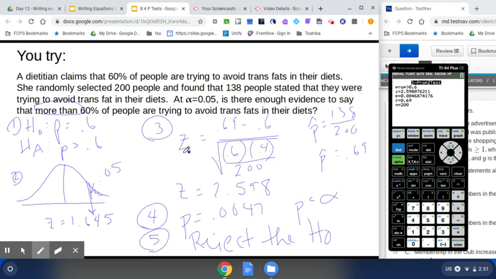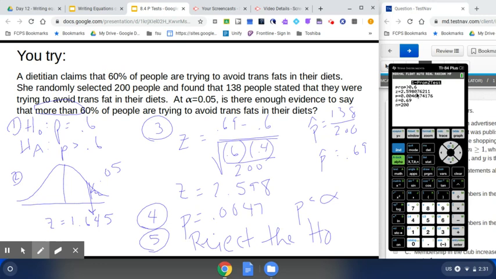The test statistic value, 0.69 is what I got when I took 138 divided by 200. So that's the sample proportion, or p hat, is 0.69 minus 0.6 divided by the square root of 0.6 times 0.4 over 200.